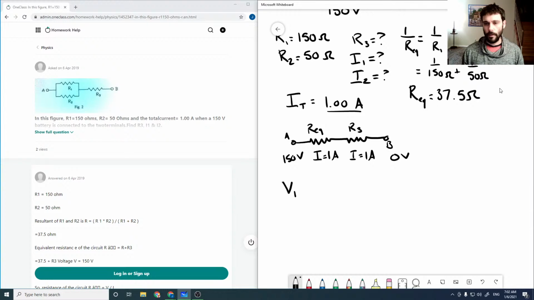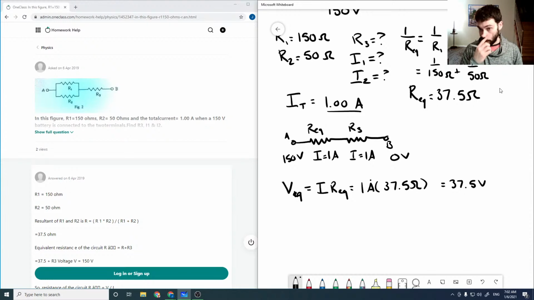So our V equivalent, so our voltage drop across the equivalent resistance, is given by Ohm's law as I R equivalent, which is just 1 amp times 37.5 ohms, which is 37.5 volts.